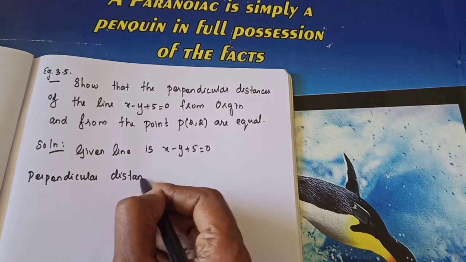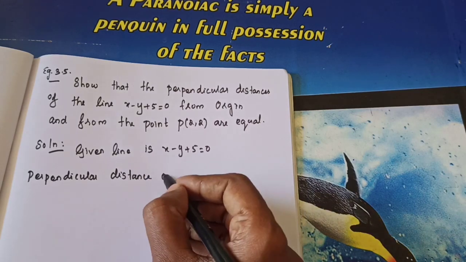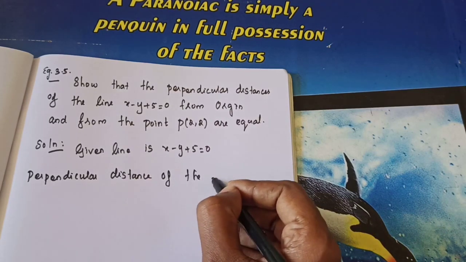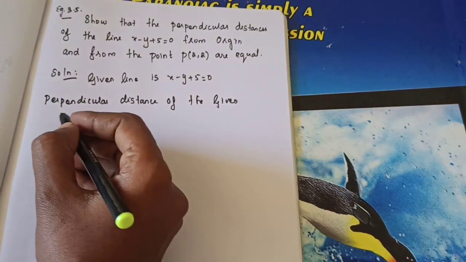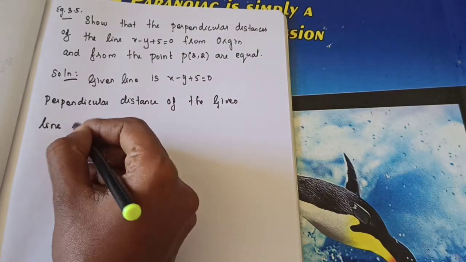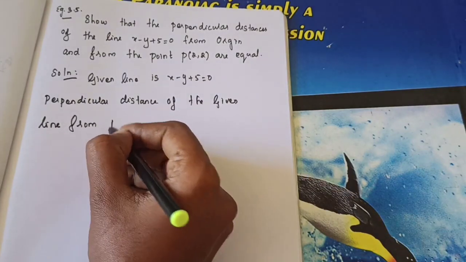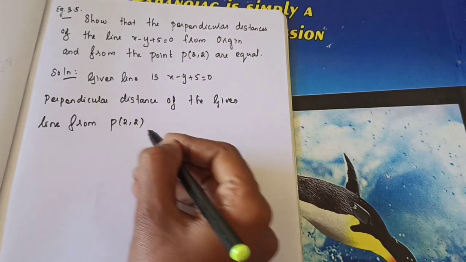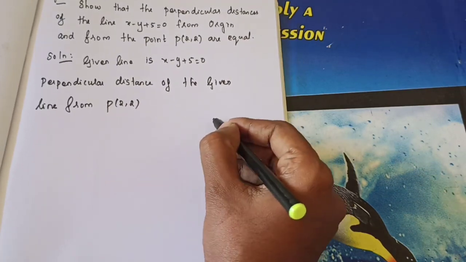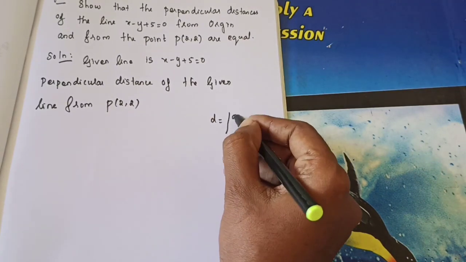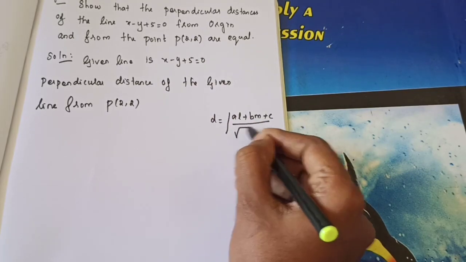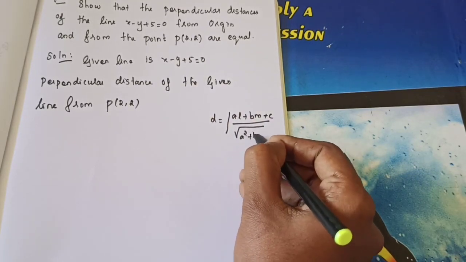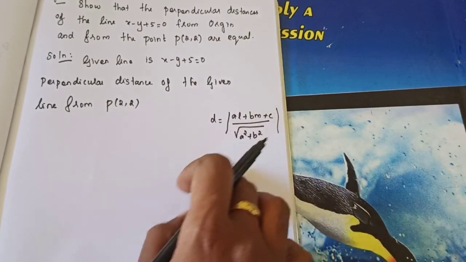Perpendicular distance of the given line from P of 2 comma 2. What's the formula we have learned? D is equal to modulus of AL plus BM plus C divided by square root of A square plus B square. So this is the formula.